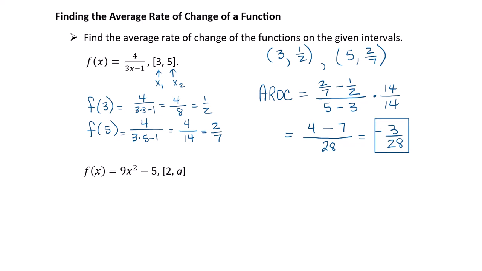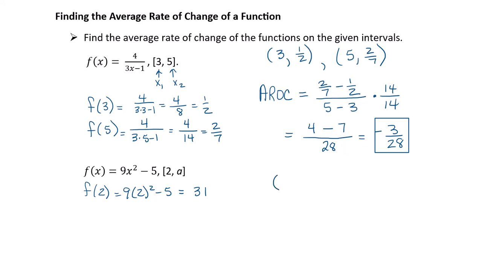On this one, f of x is 9x squared minus 5, and I'm finding the average rate of change between 2 and a. So f of 2 is 9 times 2 squared minus 5. 2 squared is 4, times 9 is 36, minus 5 is 31.